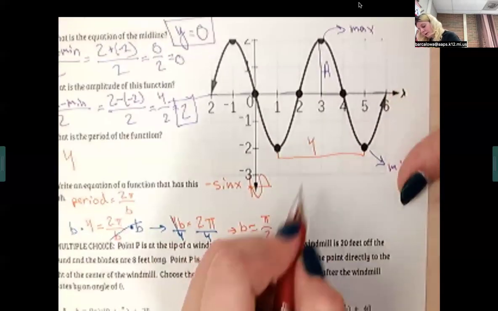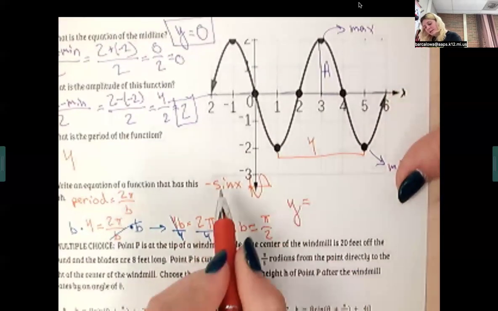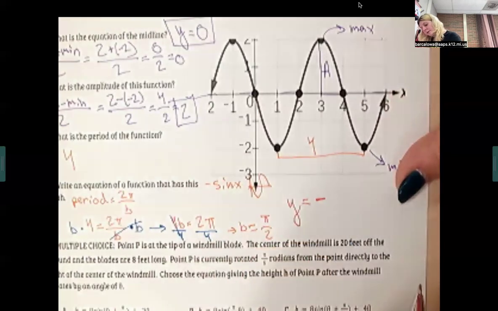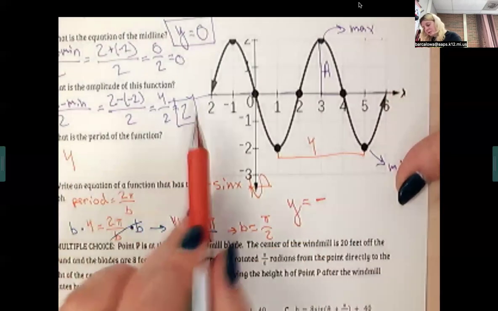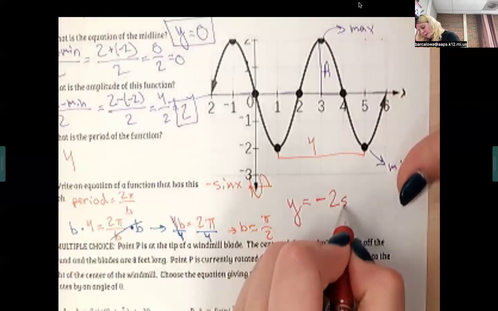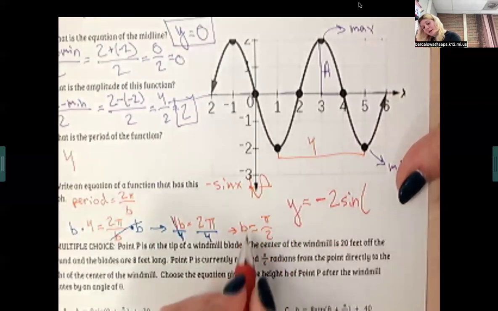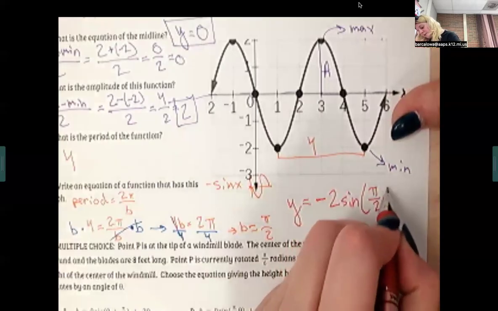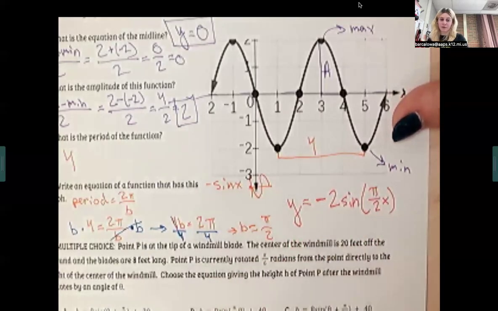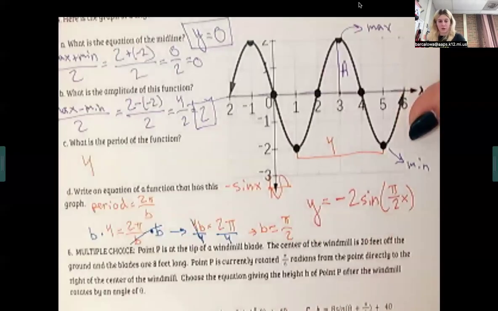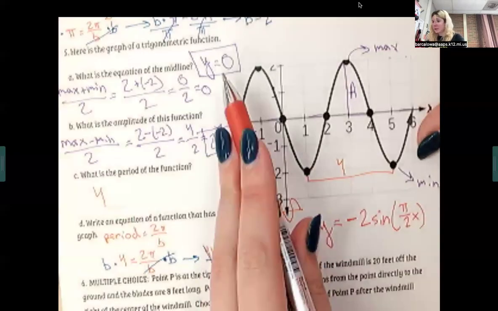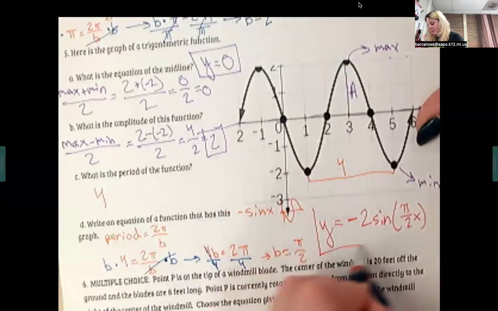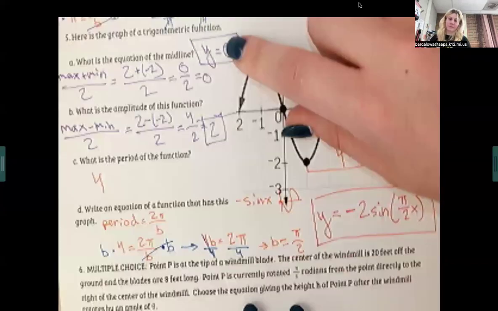So let's put it all together in our equation. y equals a negative sine function. The amplitude is 2, so negative 2 sine. My b value is pi over 2, not the period, the b value. The b value is pi over 2. This should not say 4. We can say plus 0 at the end, or we can just leave it for the midline.